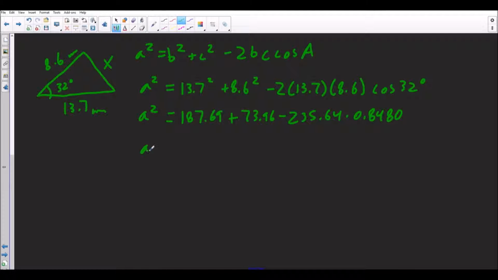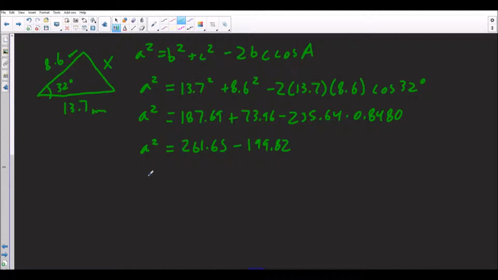So we're going to get a squared is equal to, and a squared is actually this x we're trying to find. So we could just say x squared, but it's fine. So a squared is equal to 261.65 minus 199.82 because we multiplied these two together. 235.64 times 0.8480 is 199.82.